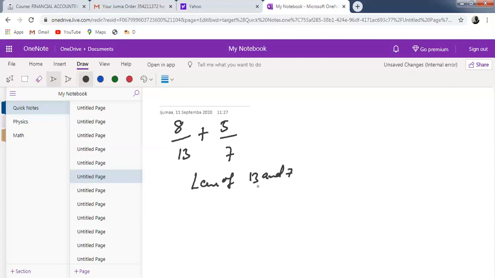Then you proceed that way. The LCM will be the denominator of the answer. Then we work for the numerator.